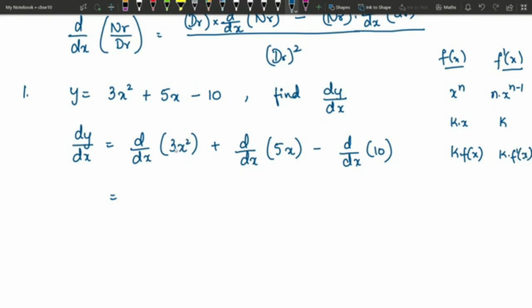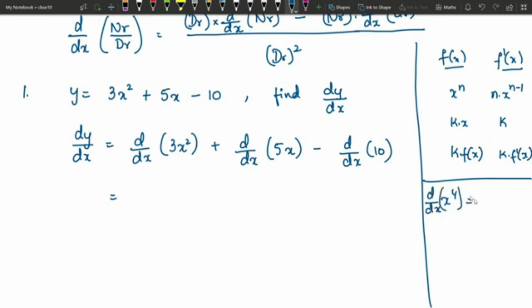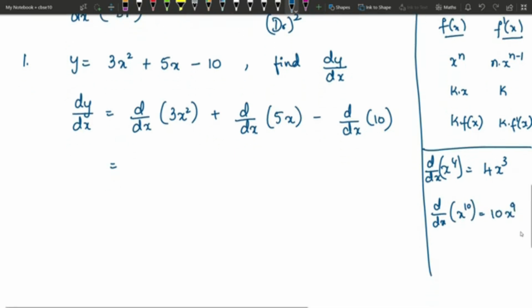If you have this type wherein you have a coefficient and x raised to some power, then multiply this coefficient with the power. Understand clearly? If you have x power 4, then the derivative of this is, write the power as it is, x power, write 1 less, n into x power n minus 1, 4 into x power 4 minus 1. If you have x power 10, it's going to be 10 into x power 9. Hope this is clear now.